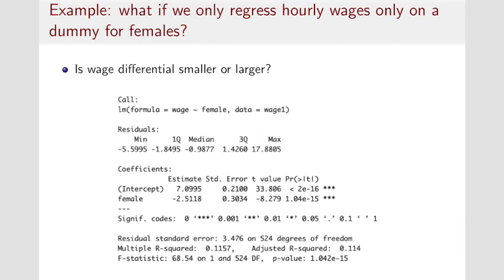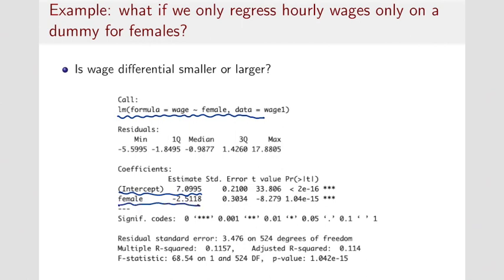What if we do not include other explanatory variables and only regress hourly wage on the female dummy? Is the wage difference smaller or larger? Here are the results for the simple linear regression model of wage on gender. The intercept coefficient is the average wage for men in the sample. So men on average earn $7.1 per hour.